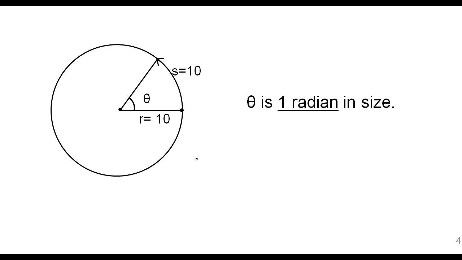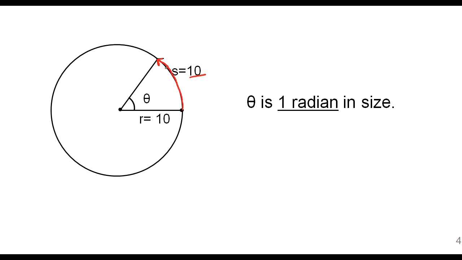If I have a circle, radius is 10. If I take a piece of string that's 10, let's say this is 10 inches long, and I lay it along the outside edge of the circle so that this length from here to here is also 10.